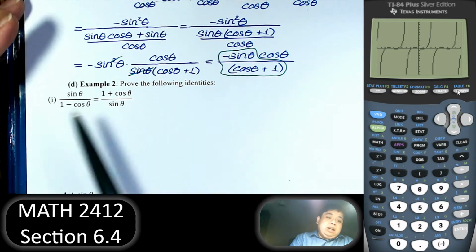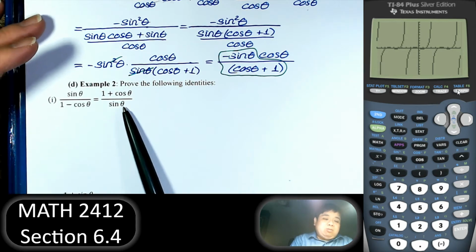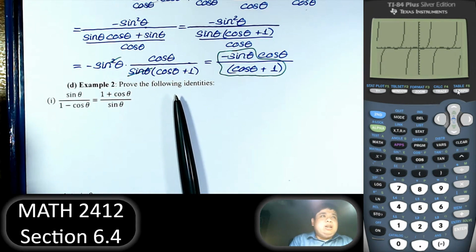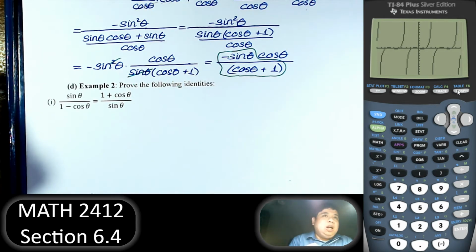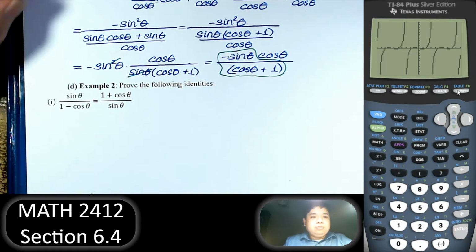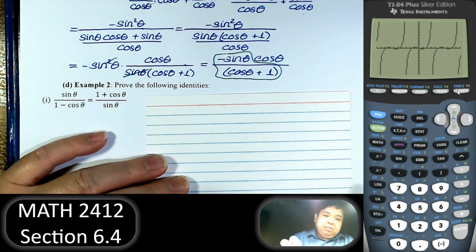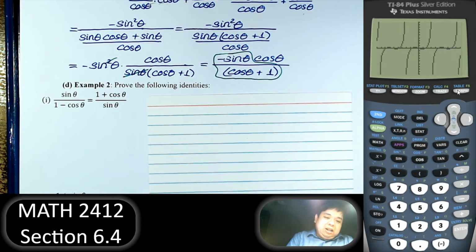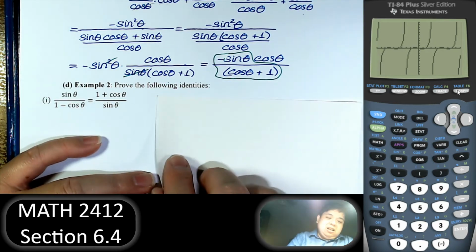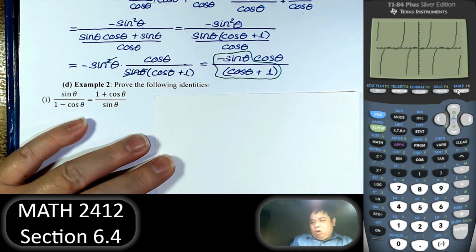Right, now this we actually prove. I'm going to prove this in, let's say, 3 different ways. Actually, not counting the graph, since a graph is not a proof, so maybe 2 or 3.